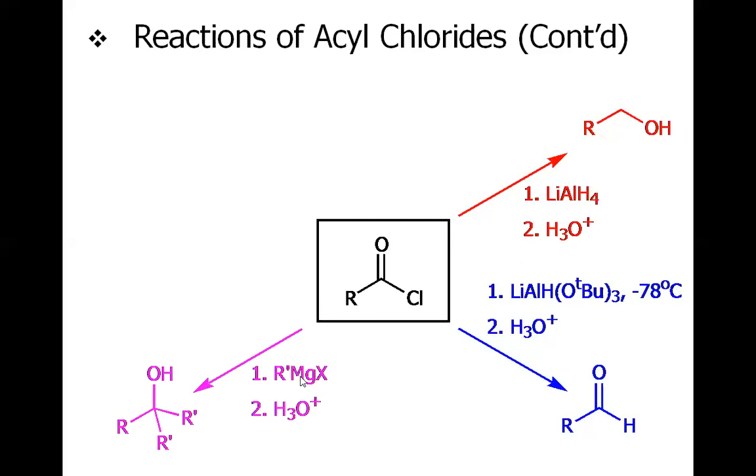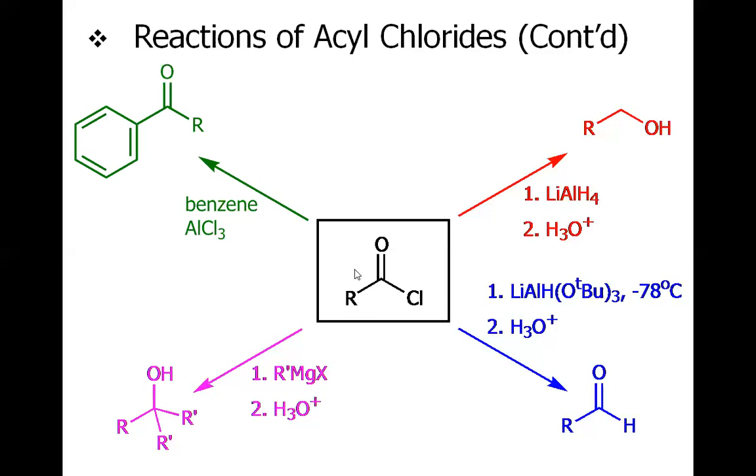And if we treat with the Grignard reagent or organolithium, we will end up with the tertiary alcohol. It is quite expected because the first equivalent will give us the ketone, because this R prime will come here and we will have the chlorine replaced ketone, but the reaction will not stop at this level, and we will go further, and the second mole will attack the ketone to have this tertiary alcohol group formed.